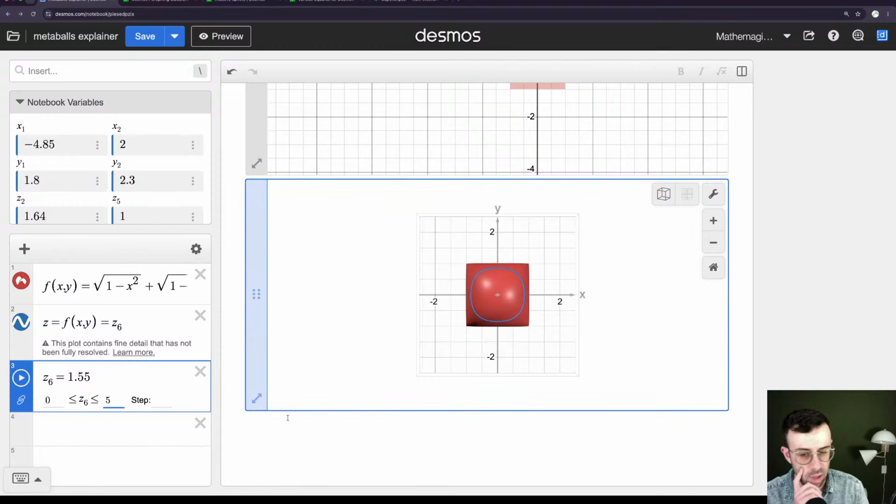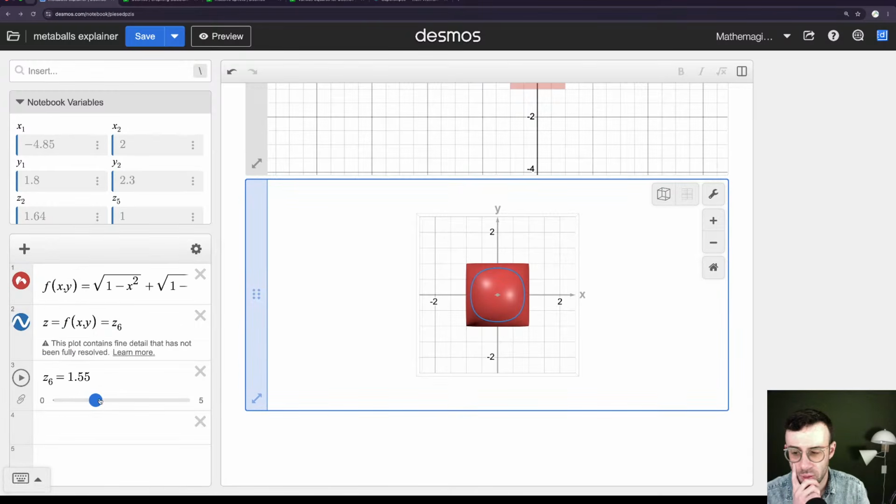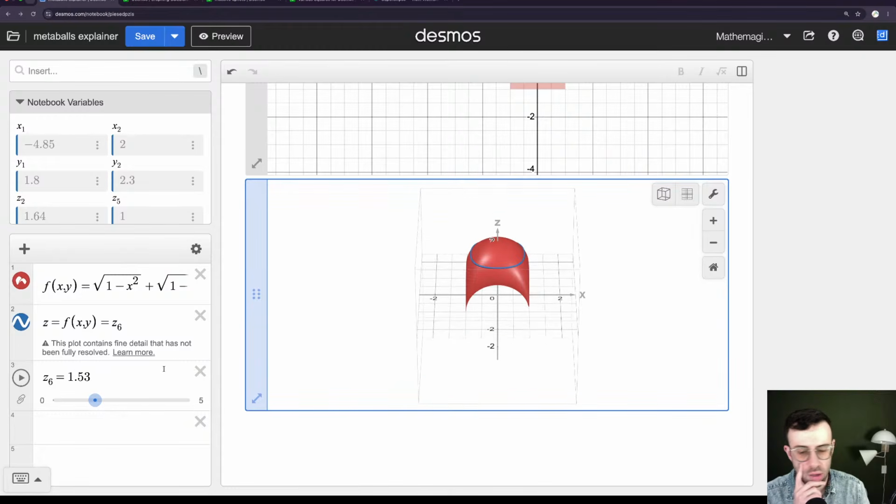Oh, it can't blend with other shapes. This is a fun function though.